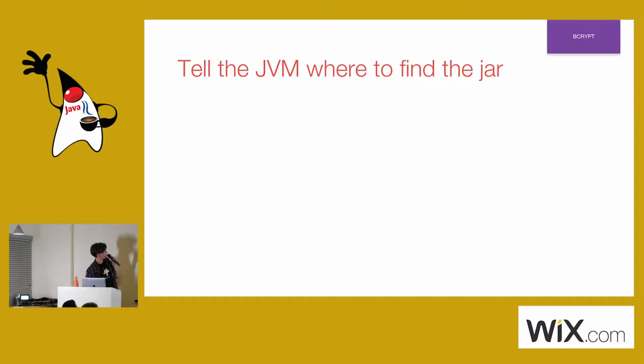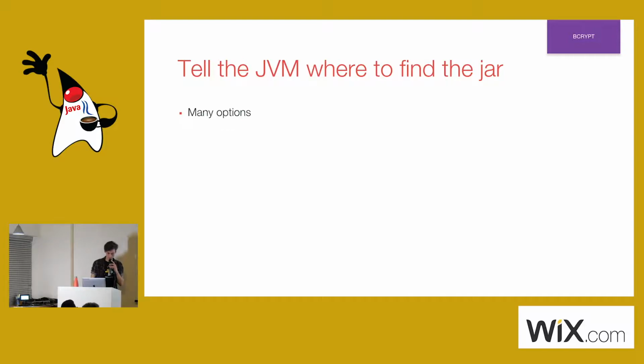So the first issue we run into is telling the JVM where to find the jar. There are two ways to specify the class path for the application. One is at startup with the command line argument. You can also add it at runtime.